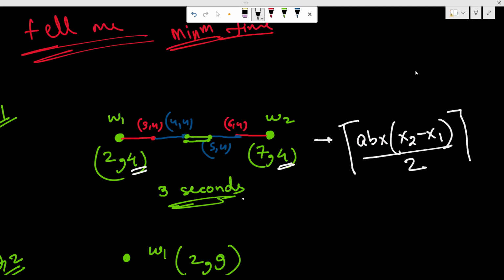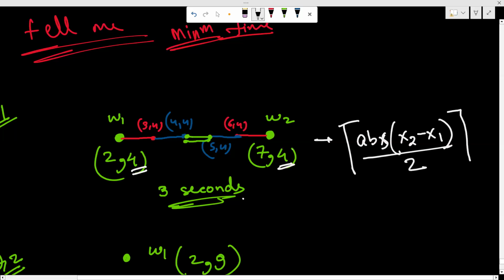Do you guys agree? That when the 2 points were horizontally placed, in that case, the minimum time in which these two wells, W1 and W2, can be connected is nothing but the ceil value of the absolute value of x2 minus x1 divided by 2.